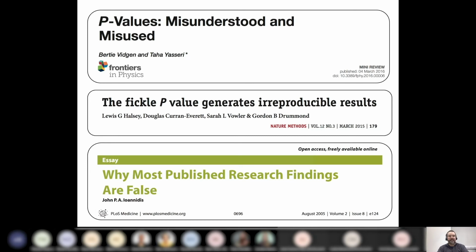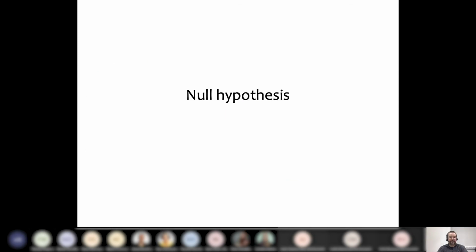This is all related to misunderstanding and abuse of p-values, and yet p-values are at the heart of scientific research. You use them every day. You make and report scientific discoveries based on p-values. Hence, it's imperative that biologists understand p-values and statistical testing. And that's what I'm trying to teach you today and in the next few lectures.